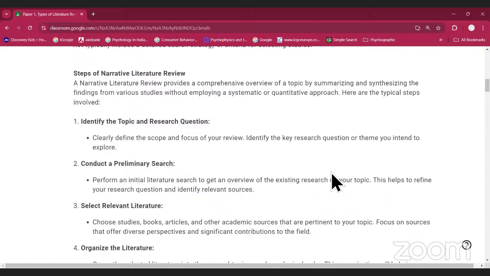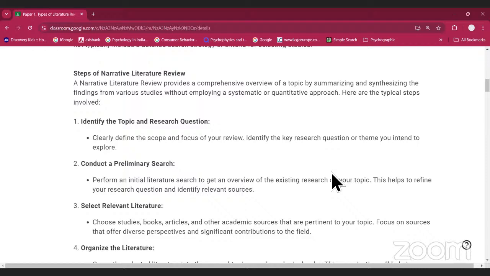Number 3, select relevant literature. Choose studies, books, articles, and other academic sources that are pertinent to your topic. Focus on sources that offer diverse perspectives and significant contributions to the field.